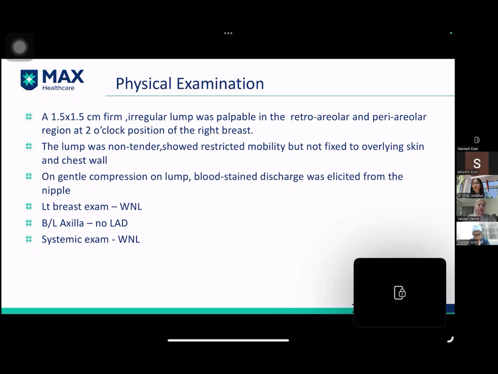The lump was non-tender and showed restricted mobility, but was not fixed to the overlying skin and chest wall. On gentle compression of the lump, blood-stained discharge was elicited from her nipple. Her left breast examination is within the normal range, bilateral axillary examination shows no lymphadenopathy, and systemic examination is also within the normal range.